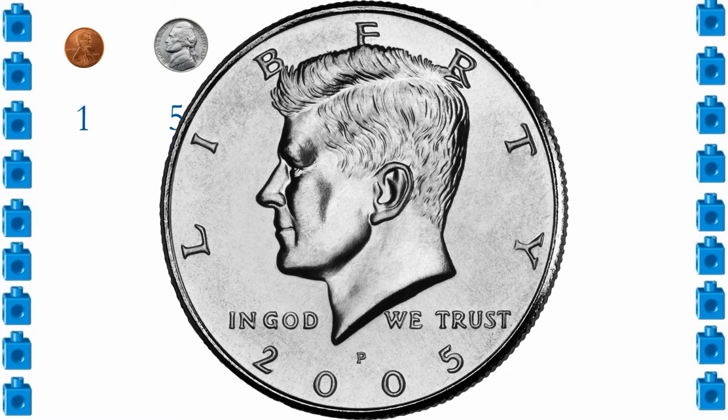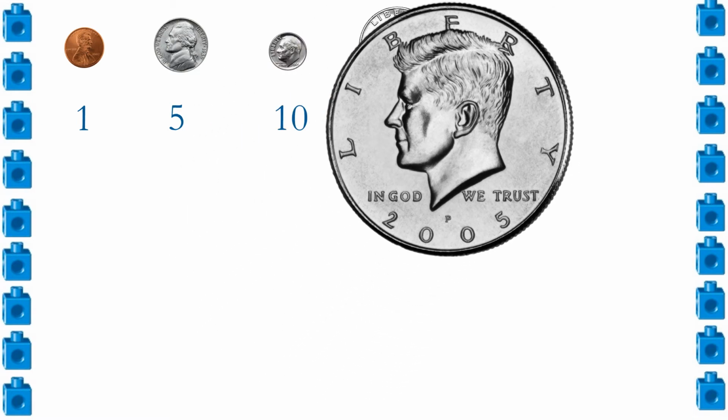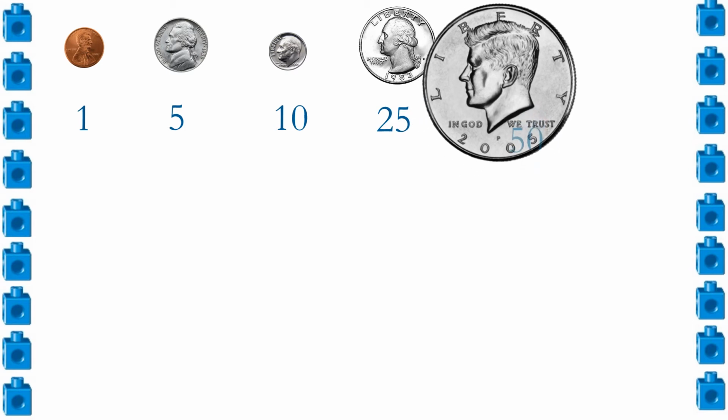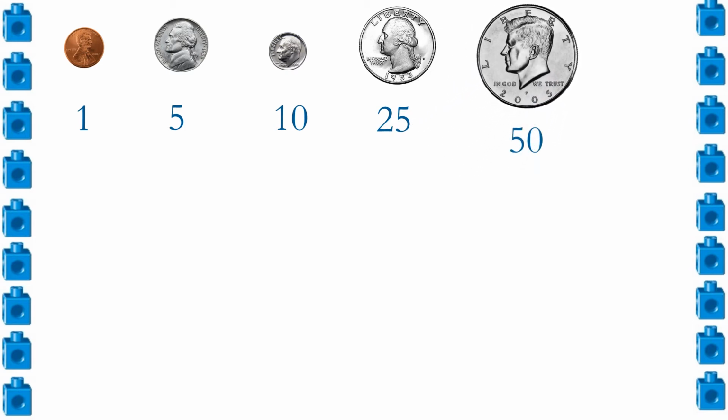And then we come to this very big coin here, the 50-cent piece, or the half dollar. Now, the 50-cent piece is pretty easy because it's just so big. And look how great it is.